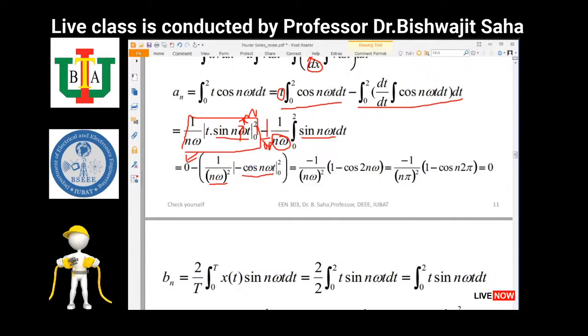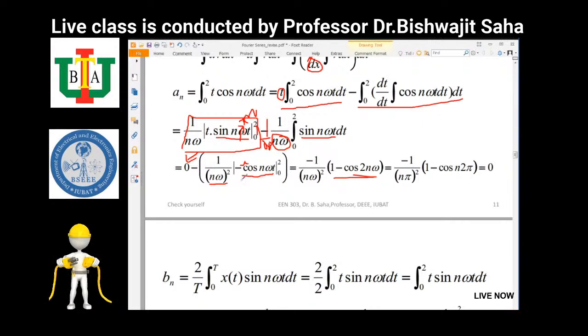So minus 1 over n omega whole squared, and whenever we put in the limit, it becomes cos(2n omega). Let's see why it is like this. If we put in 2, then 2n omega, okay, and a minus sign. Another minus comes because of putting in the lower limit.